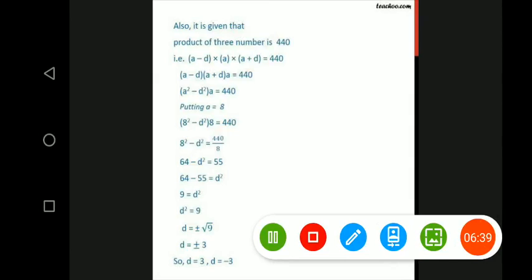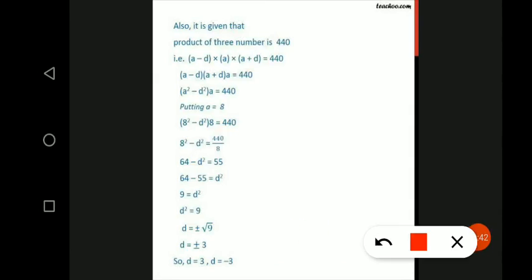On doing the multiplication as 440 and putting the value a is equal to 8, we get this equation: 8 square minus d square is equal to 440 by 8. What we have done, a minus d into a plus d will be a square minus d square. Remember the formula a plus b into a minus b, which is multiplied by a. So it will be a square minus d square is equal to 440 by a.